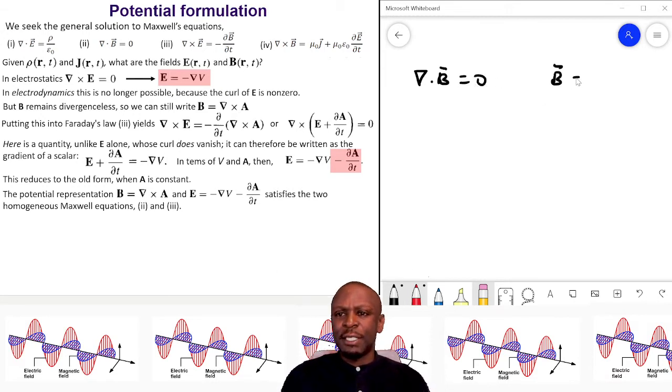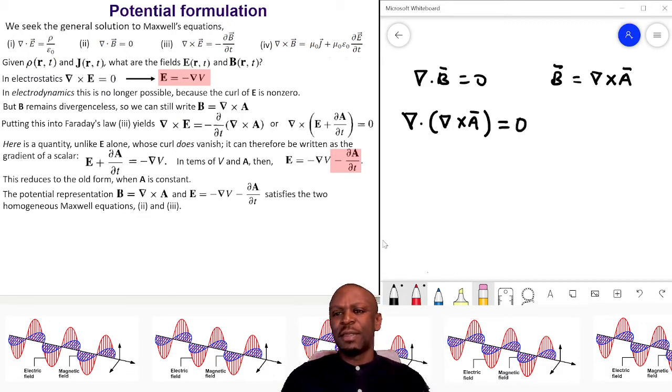The B field is just given by the curl of the vector potential A. Now here I'm just going to write the divergence of the curl of A, because this is the magnetic field. This must give me 0. And I hope you still remember that the divergence of a curl is always 0.